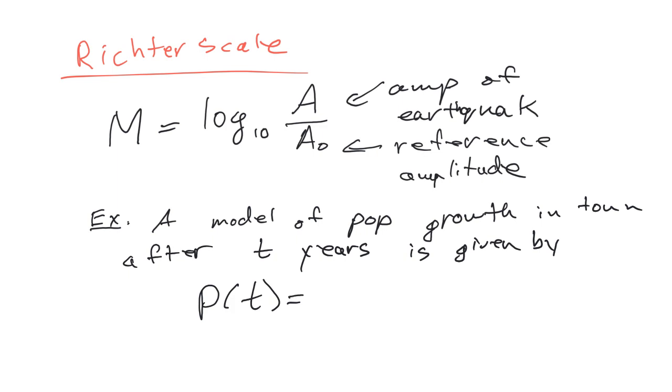Let's write that a little better: P0 e to the kt. So remember, that's our population growth problem.